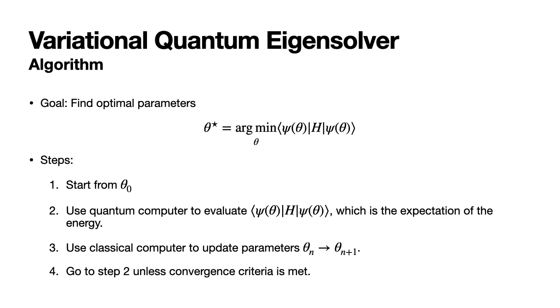Repeat steps 2 and 3, evaluating on a quantum computer and updating parameters classically until convergence. In the ideal case, this iterative algorithm will eventually converge to the optimal theta star, where ket psi theta star is the approximate ground state of H.